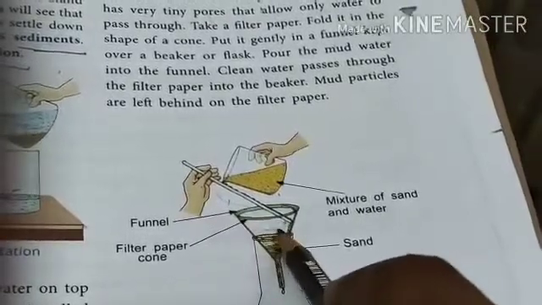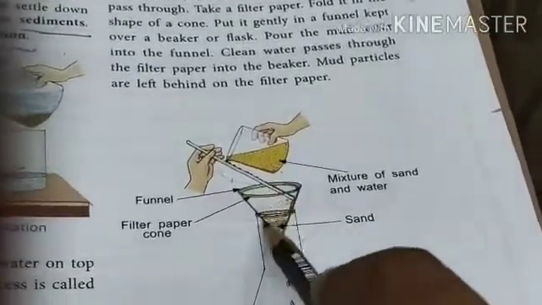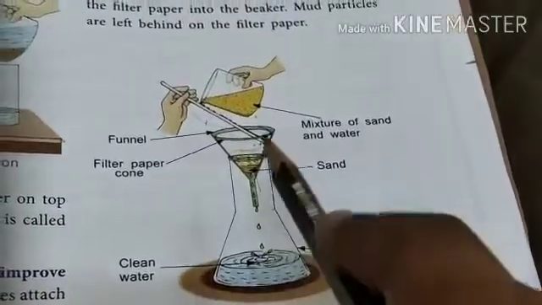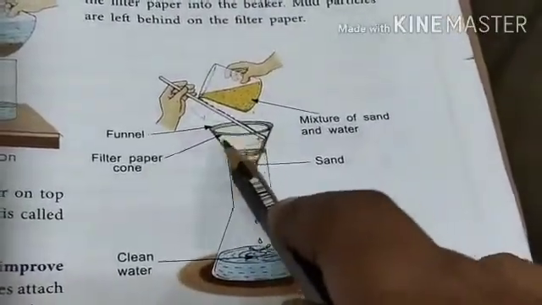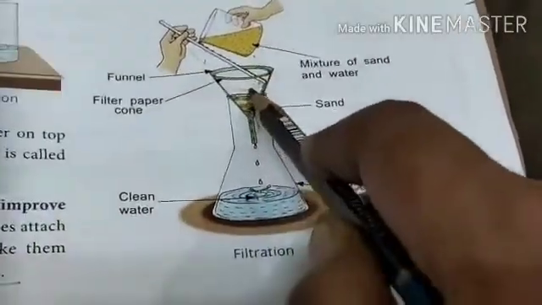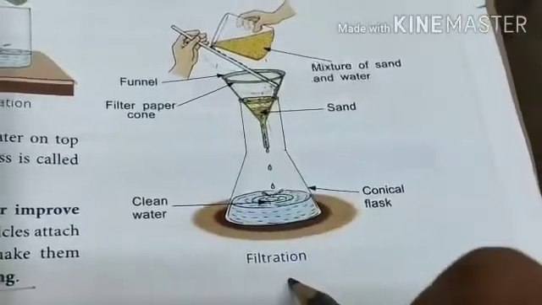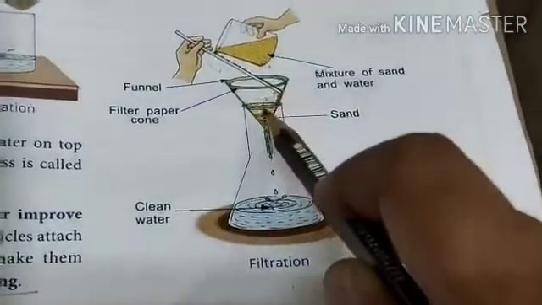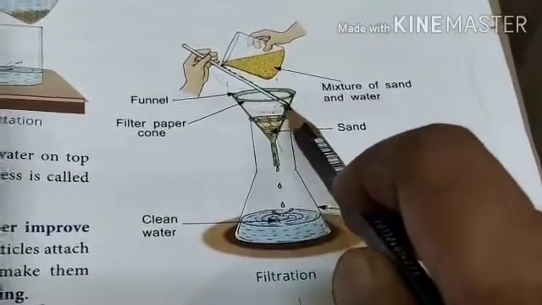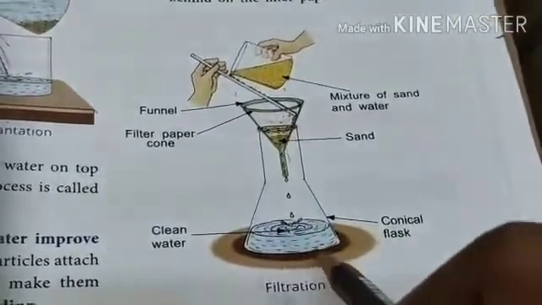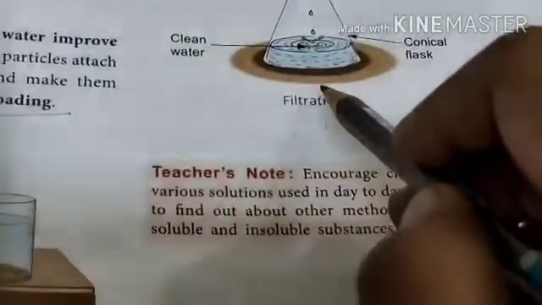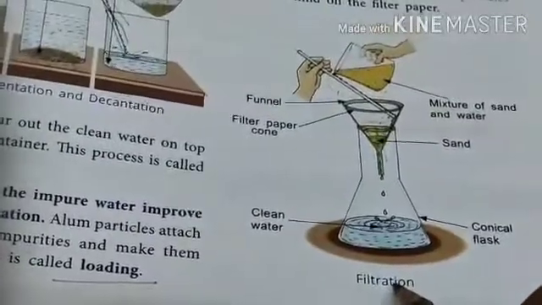Slowly and slowly the water will move from the pores of the filter paper into the jar, and the sand or the mud particles or the impurities will remain here in the filter paper. So this way we can take out the sand or the muddy water part from the water, and we can get pure water. So this process is called filtration.